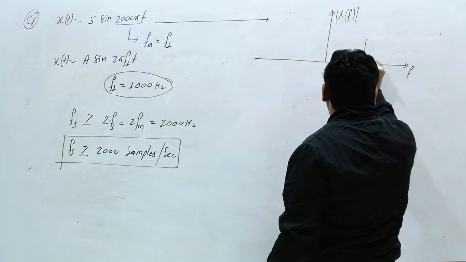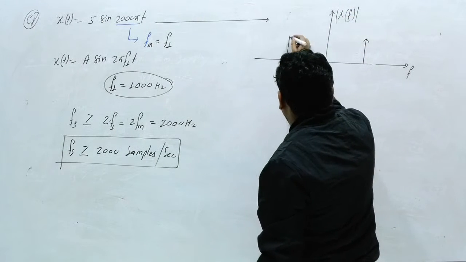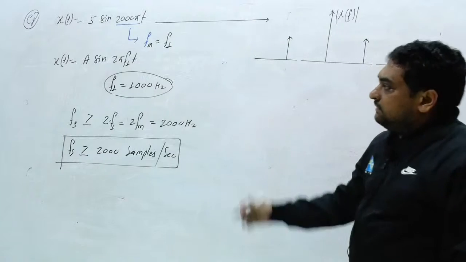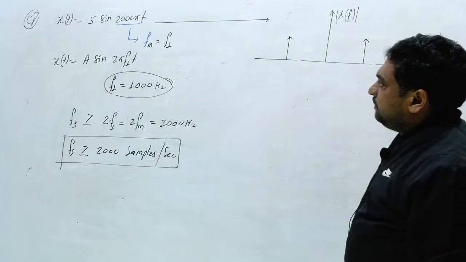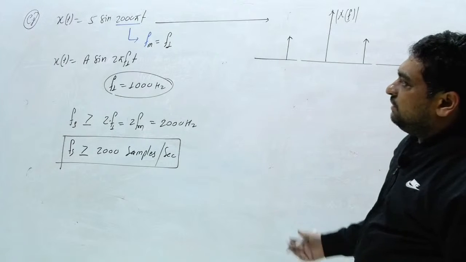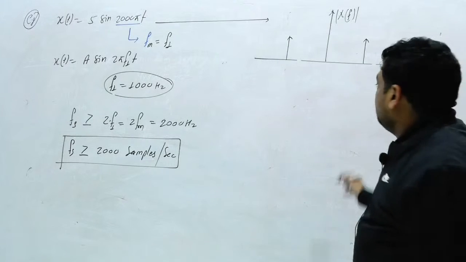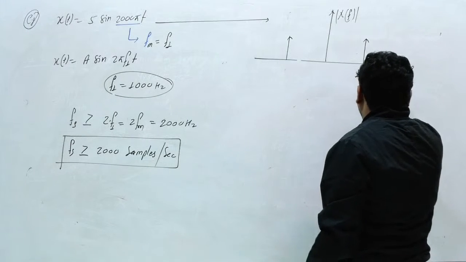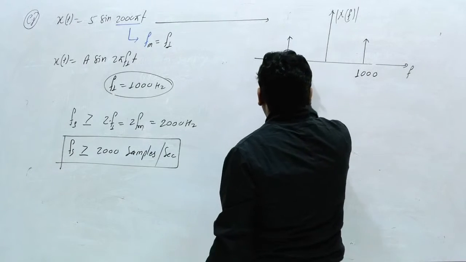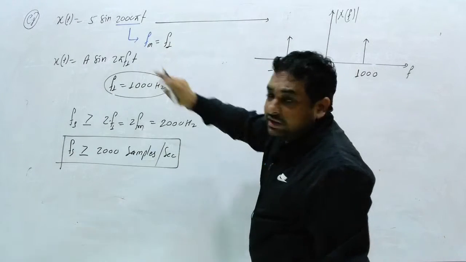What is the Fourier transform here? You will get one impulse here. If this is sine or cos, both are the same. What will be the frequency here? Sine 2 pi into fc or fm or f1. This is 1000, and this will be minus 1000. What will be this amplitude? 5 by 2 and 5 by 2.